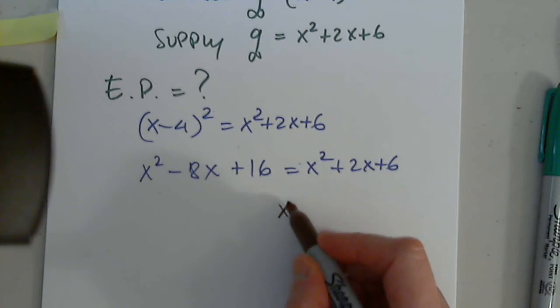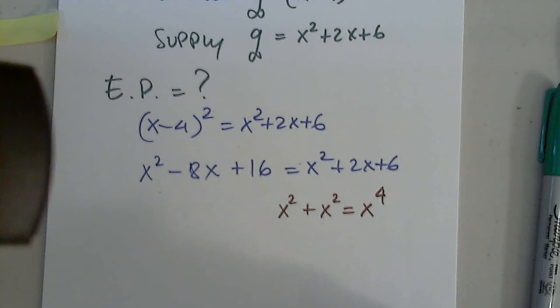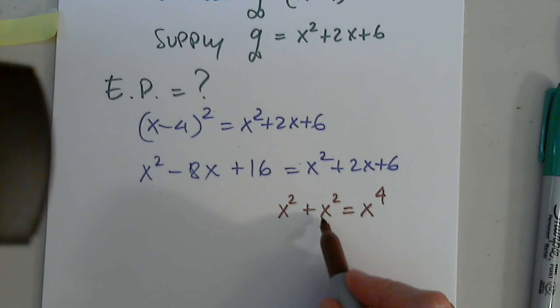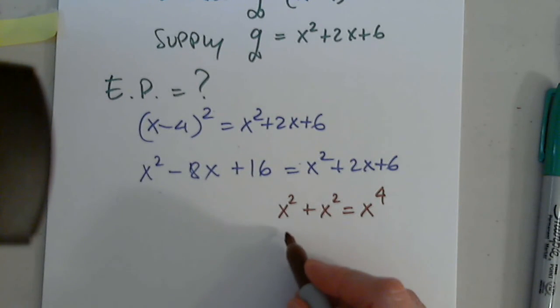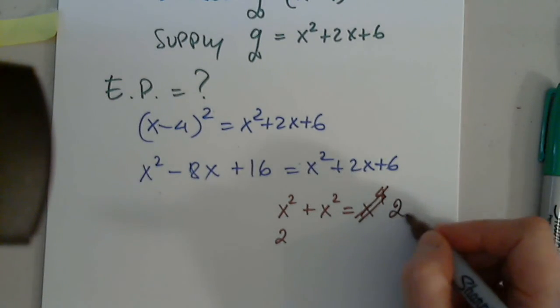But when I add an apple to an apple, do I get x to the fourth? Oh, would you get 2x to the fourth? So the question is one apple plus one apple. Huh. So if I add two. Oh, 2x squared. Exactly.